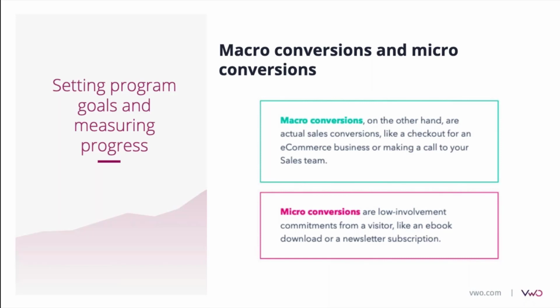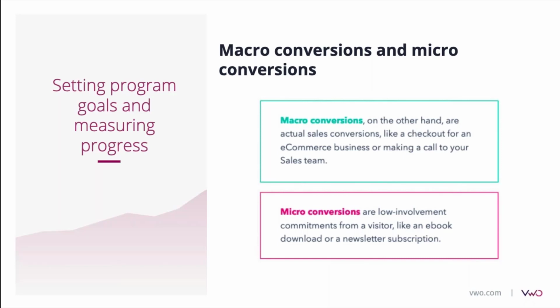Macro conversions are the actual sales or conversions, like checkout for an e-commerce business or making a call to a sales team. And micro conversions are low involvement commitments from the user, where they, for example, download an ebook or sign up for a newsletter subscription.